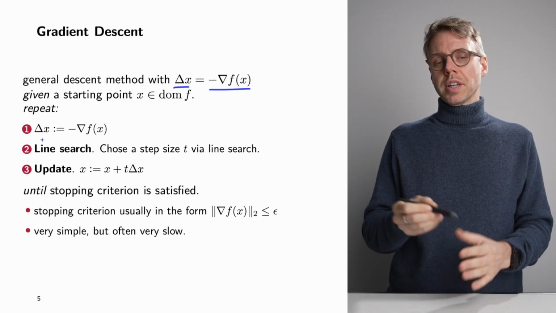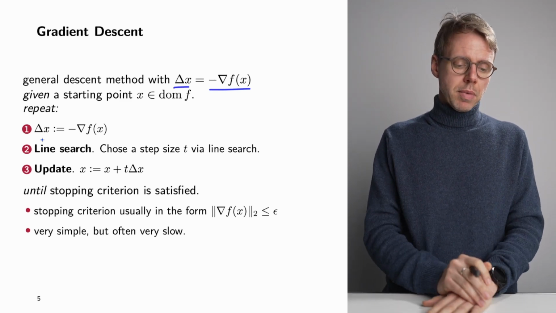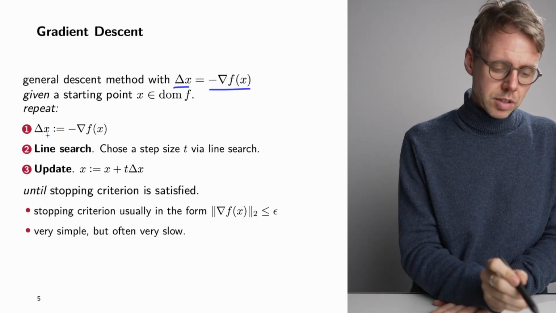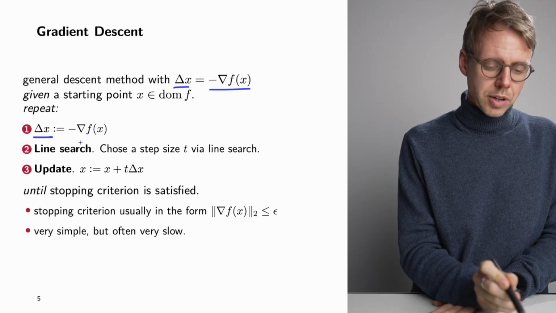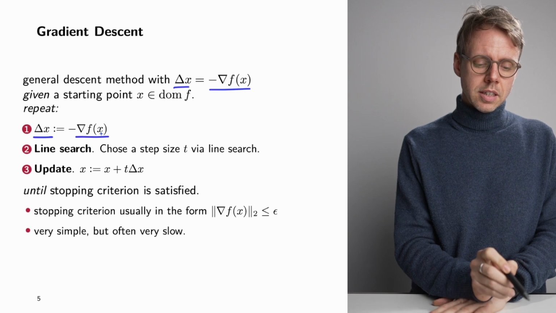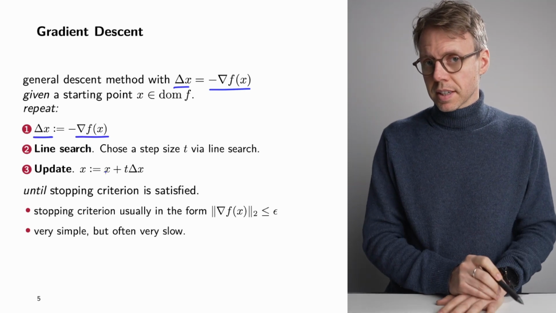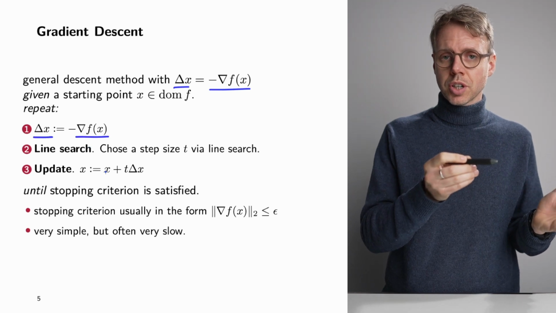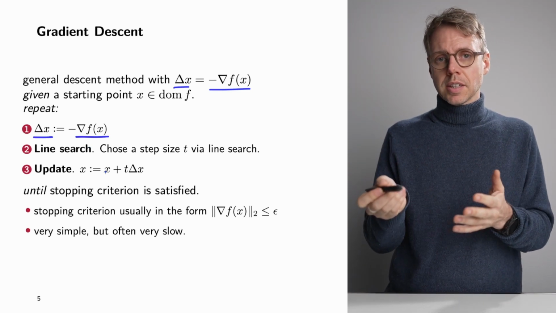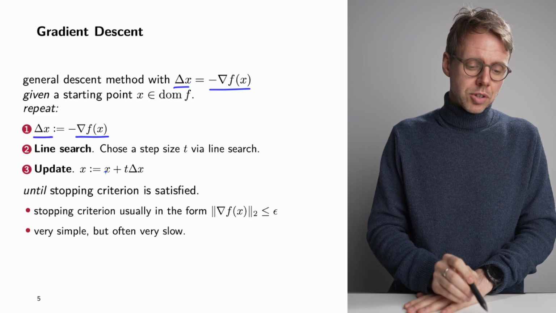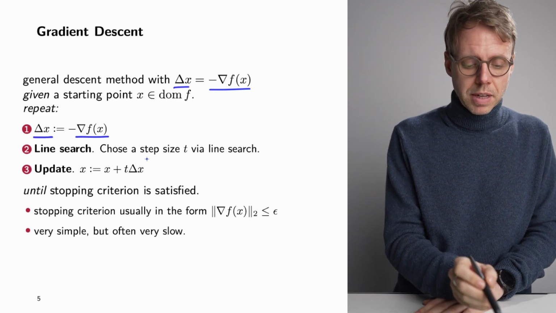Given a starting point x, the gradient descent method would iterate as follows. You set your search direction to the negative gradient. You perform a line search, could be any of the methods discussed, exact line search, backtracking line search, or maybe no line search at all, could also be a different method.